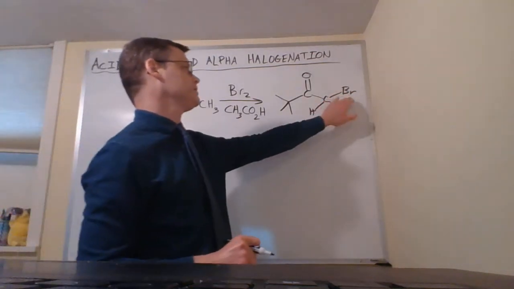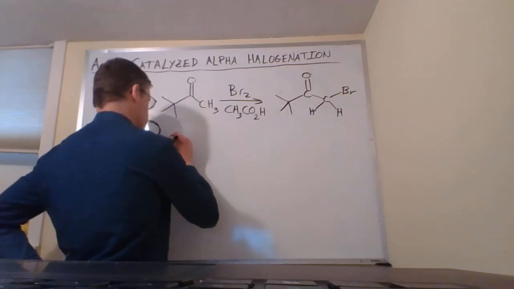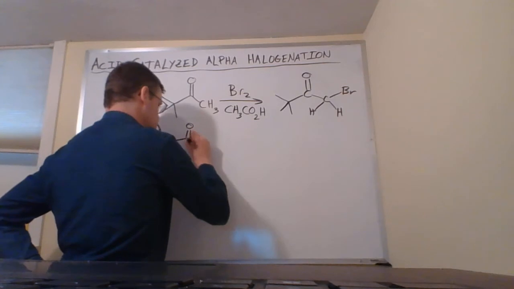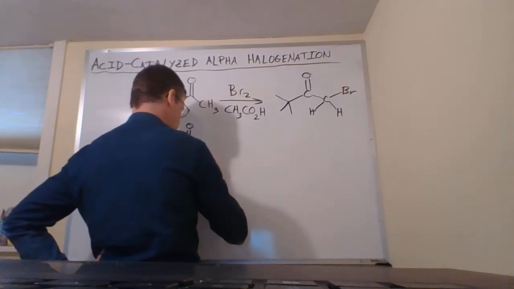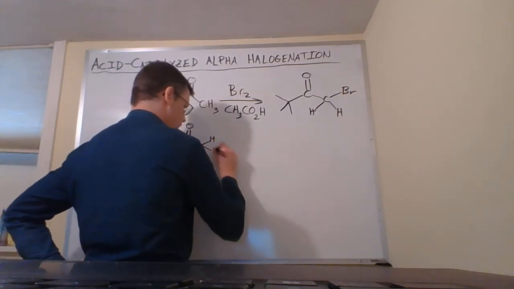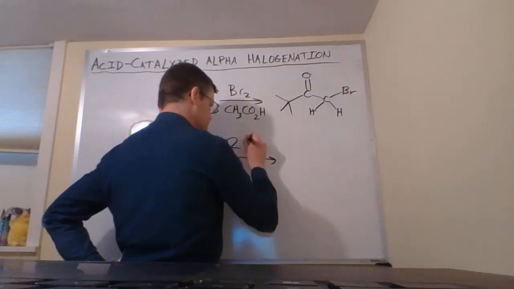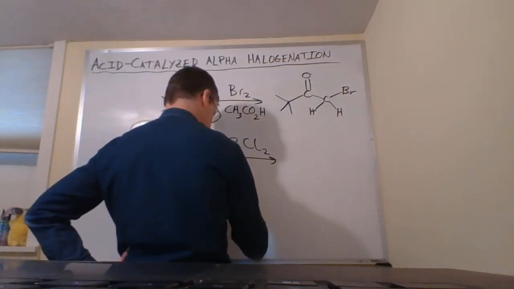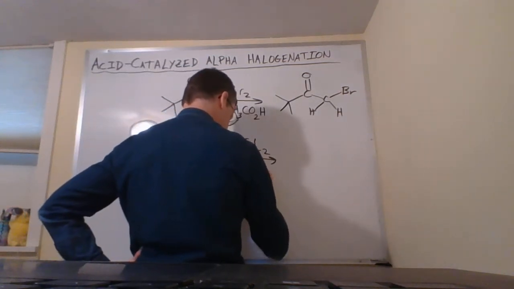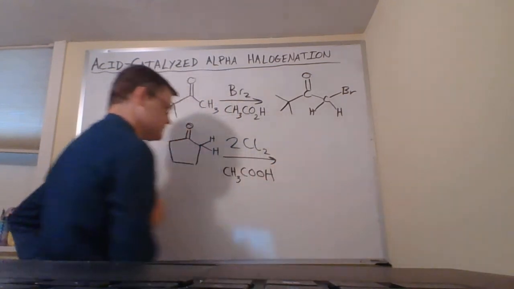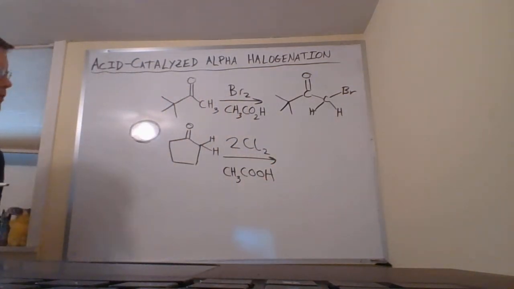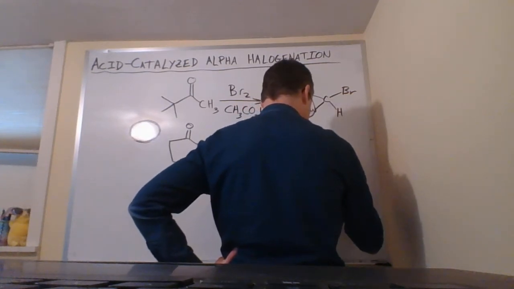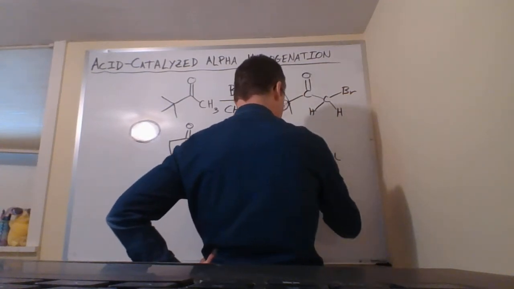So you can stop with adding one halogen, or we could give an example where we add two halogens, and we would do that by adding two equivalents of our X2, in this case Cl2, and I'll show a different way we can write acetic acid, CH3COOH, and this would put two halogens on. Okay?